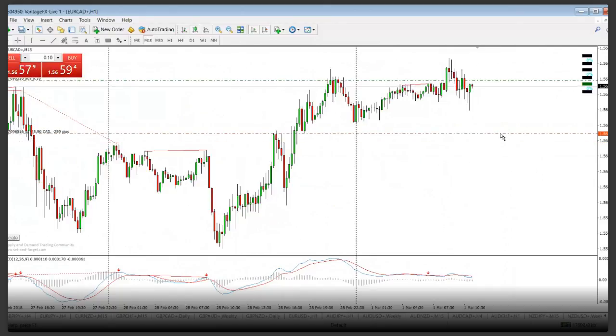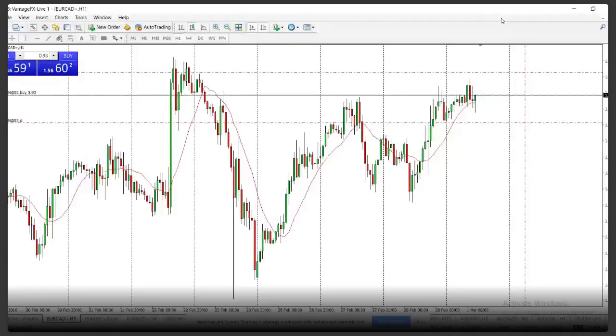Small stop loss down here. Say there's another trade that I took on the larger account. Okay, so just turn that off and get back to the system.